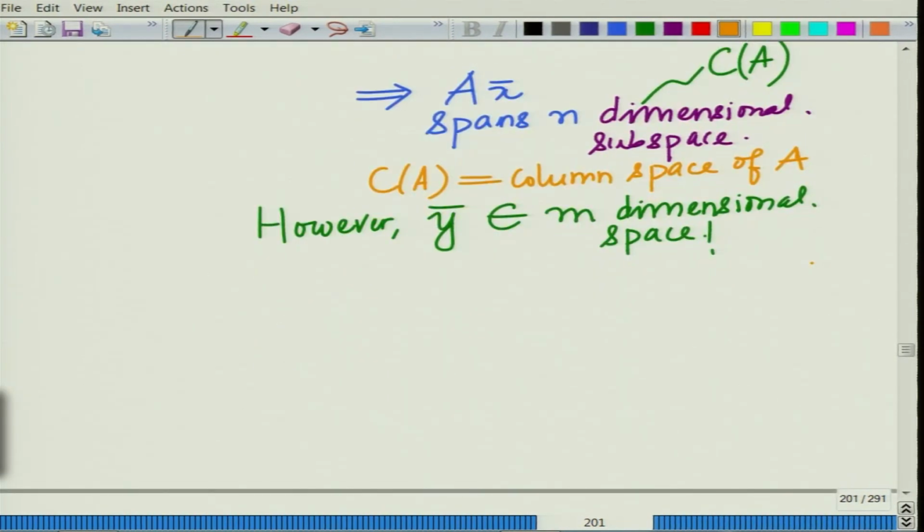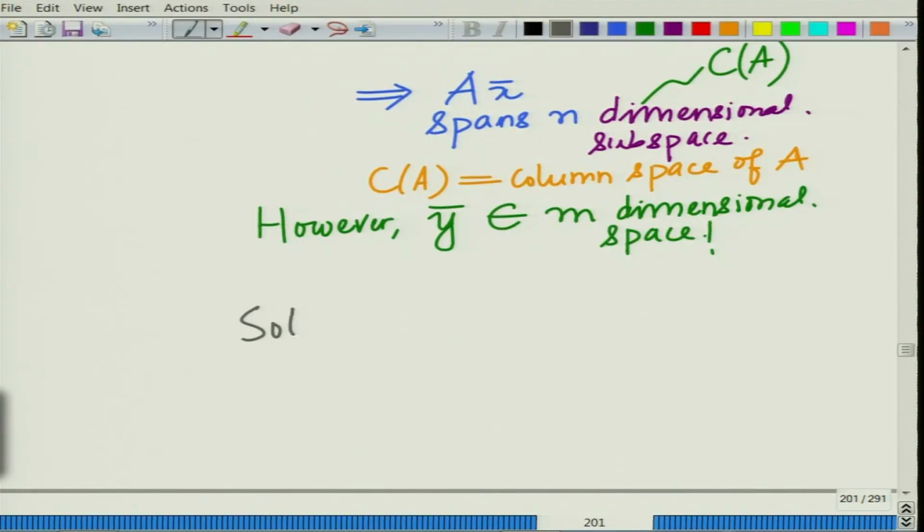Now, it is easy to see when the solution exists. The solution exists only if this y bar, which can lie generally anywhere in this m dimensional space, belongs to this n dimensional subspace, that is, the column space of A. Otherwise, the solution does not exist.